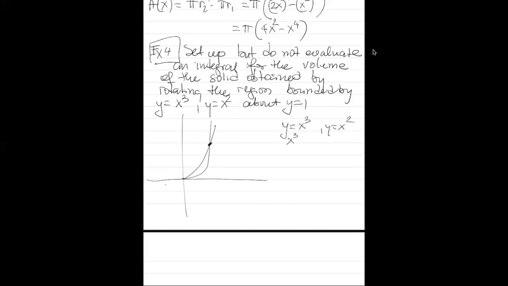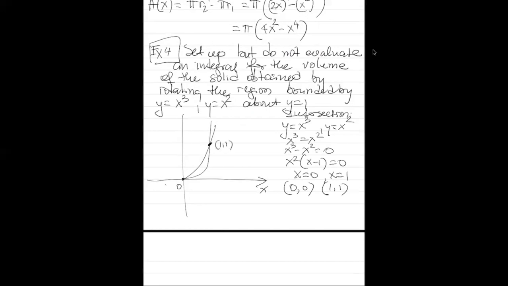Set them equal to each other to find the intersection: x to the third minus x squared equals 0. Factor x squared: x squared times x minus 1. So x equals 0 and x equals 1 are the two points of intersection, 0, 0 and 1, 1, if you plug them in. Here's the 0, 0, and this point here is 1, 1.